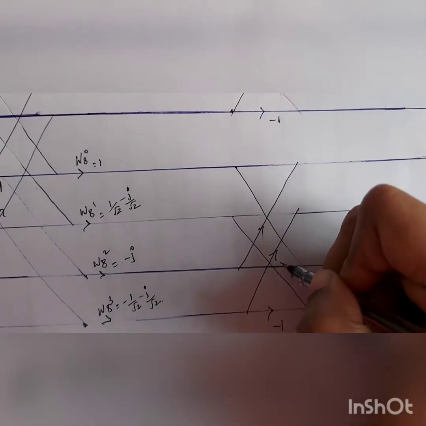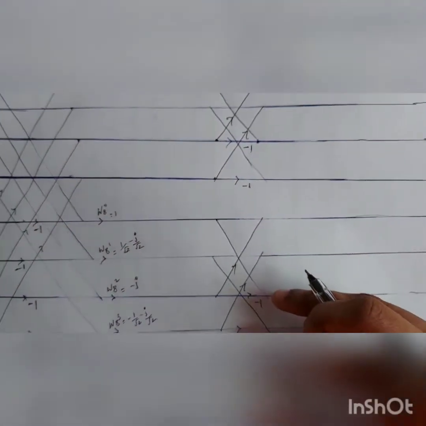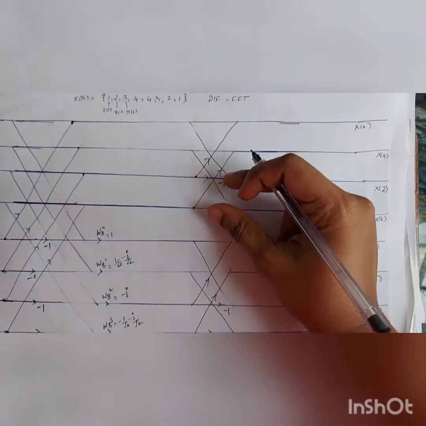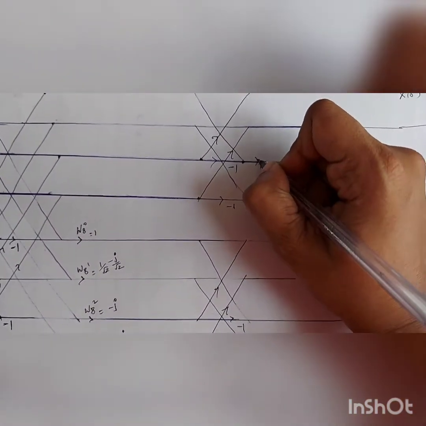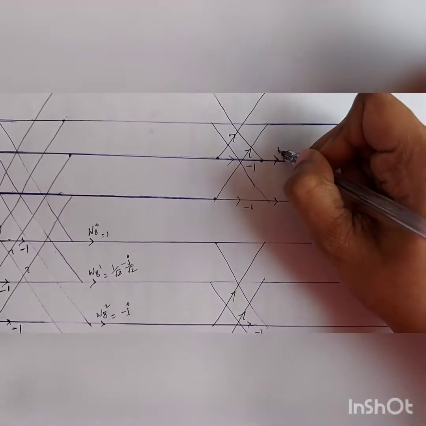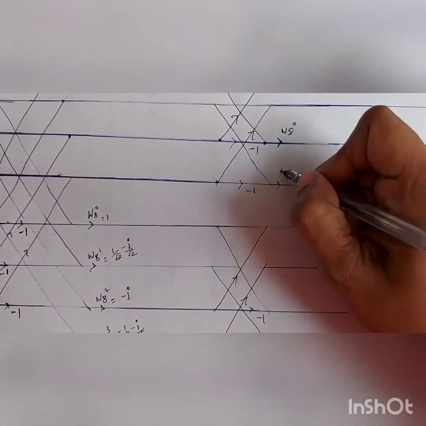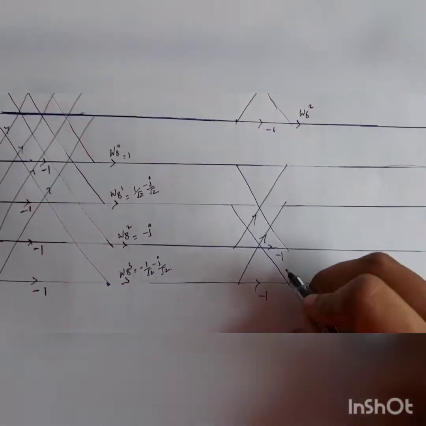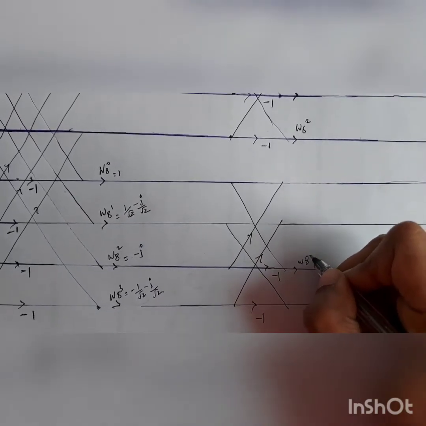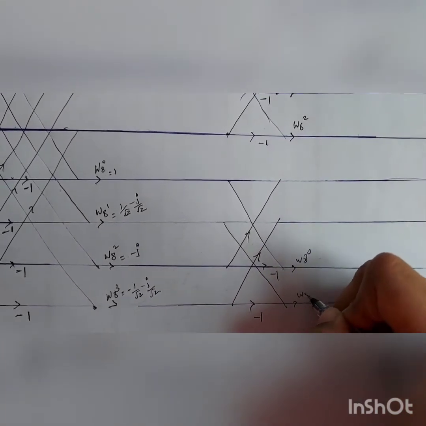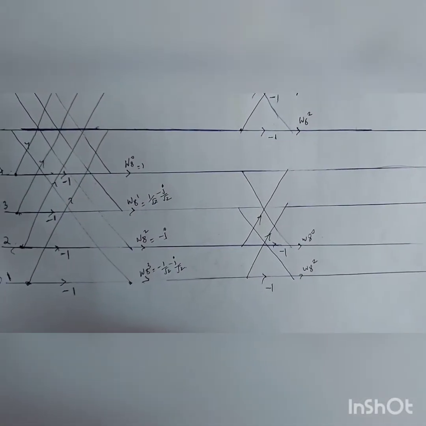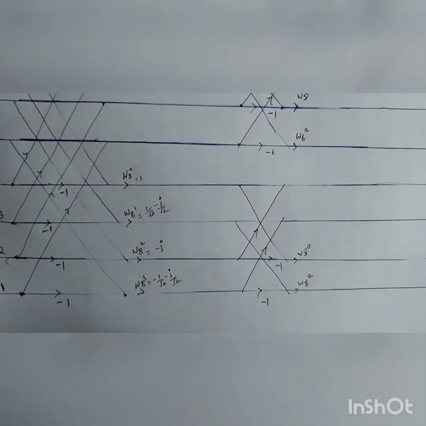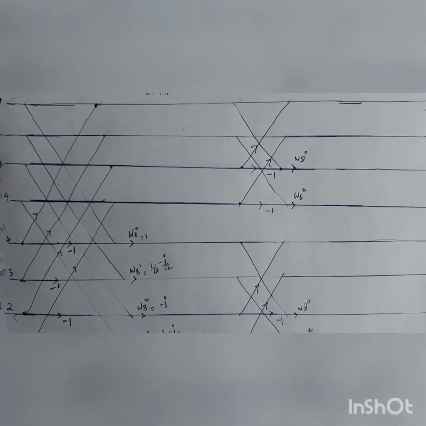These are minus 1, 2 lines minus 1 at the bottom. Here also 2 lines minus 1 at the bottom, and you have the twiddle factor. After this you must write your twiddle factor W8 power 0 and W8 power 2, W8 power 0 and W8 power 2. Alright, so I hope this structure is very clear.